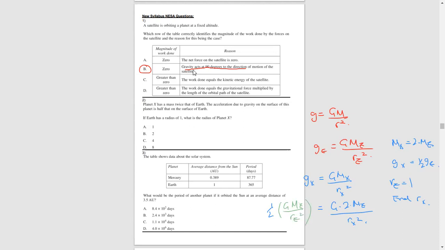And then you can have fun cancelling. G cancels with G. Mass of Earth cancels with mass of Earth. Radius of Earth equals 1, so that goes. So you're left with basically the half here, the 2 here, and the Rx squared. Basically, you'll get Rx squared equals 4, or Rx equals 2.